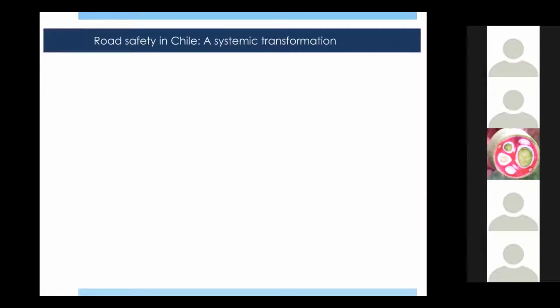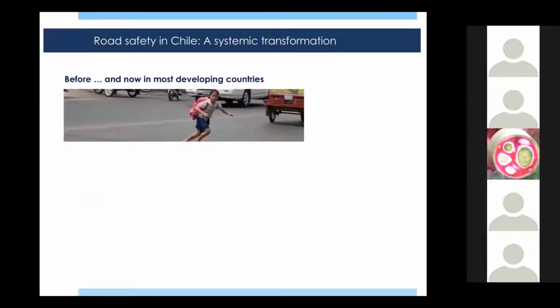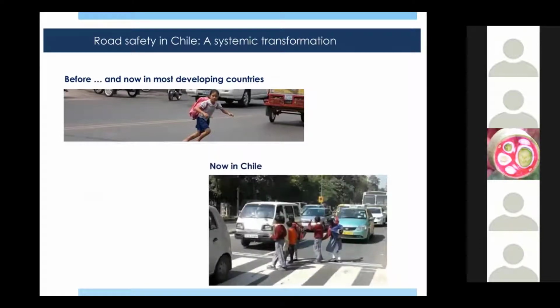Road safety in Chile, a systemic transformation. Before, and now in most developing countries, we had this situation. You see there the boy running. Now in Chile, we have this situation. This is a cultural and systemic transformation. The culture in the upper photograph says the driver of the car says, I am strong and I just go ahead.